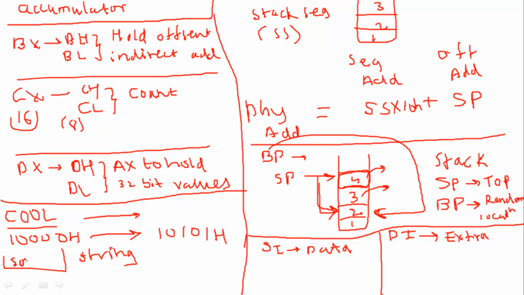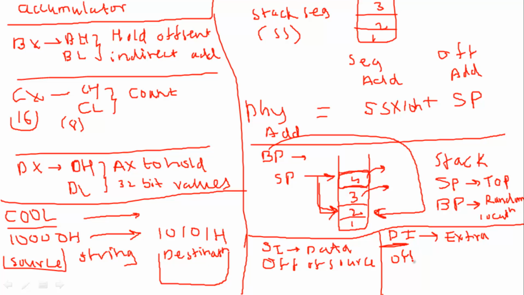The offset address of this old location, that is the source location, is held by the register SI, that is source index. So it holds the offset address of the source, and the offset address of this new location, that is the destination, is held by the DI register. So the second operation is holding the offset address of the destination.